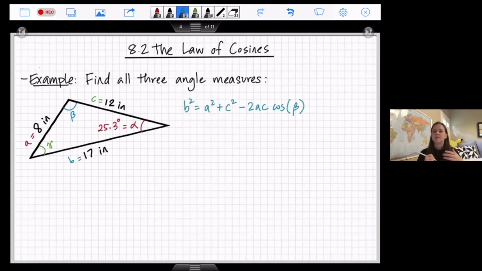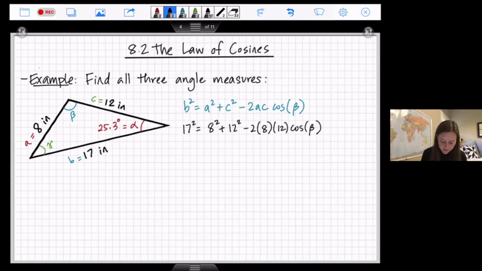All right, this is going to be the same drill as last time. We're just going to plug everything in. b squared is going to be 17 squared, a squared is 8 squared, plus c squared, minus 2 times, repeat the a and c, 8 times 12, cosine beta. All right, 17 squared on the left gives me 289 again.